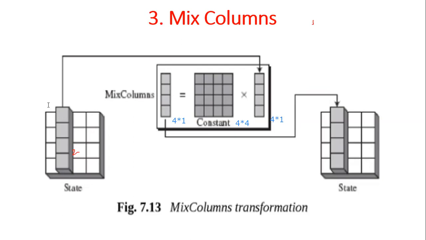Taking the 0th column, we get the 0th resultant column by multiplying, and similarly for the second column. So this is the mix columns transformation.